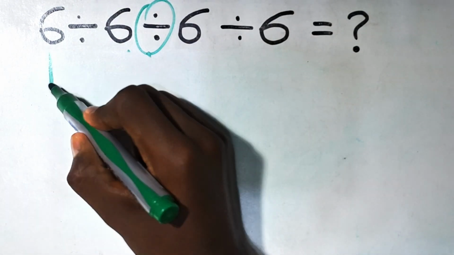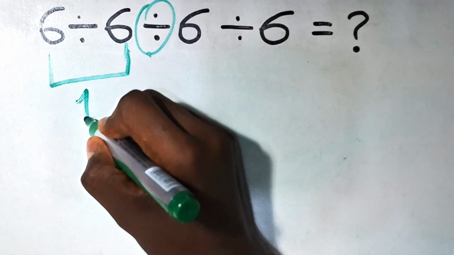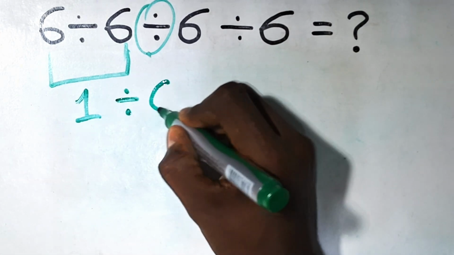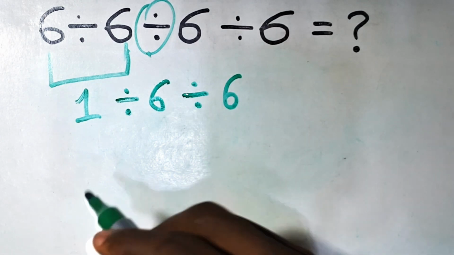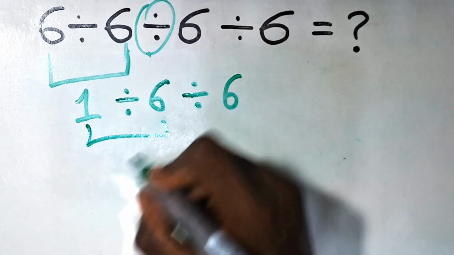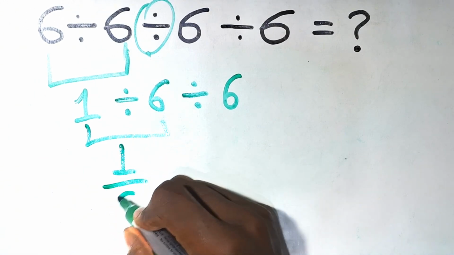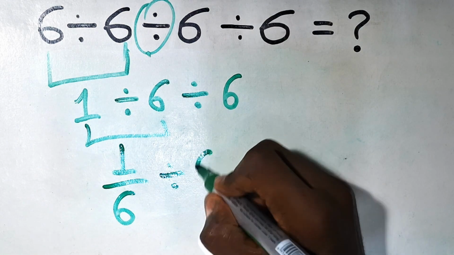6 divided by 6 gives us what? 1. 1 divided by 6 and then divided by 6. So we have to go first with this. 1 divided by 6 will be what? 1 over 6. 1 over 6 divided by 6.